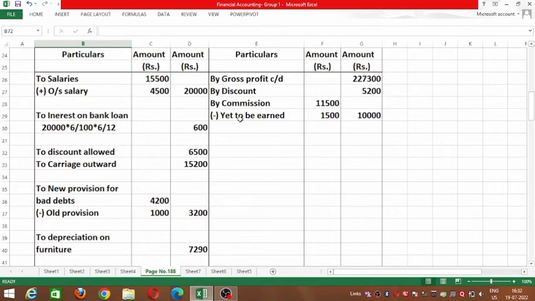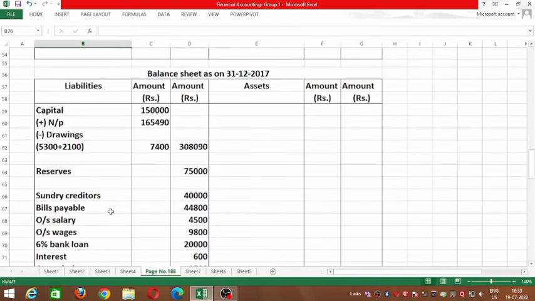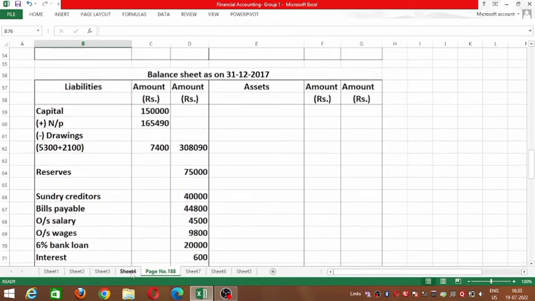Commission we have not yet earned but we have already received, that is income received in advance, that we need to enter on the liability side because we have already received. 1,500. These are the items which we need to enter on the liability side of the balance sheet.